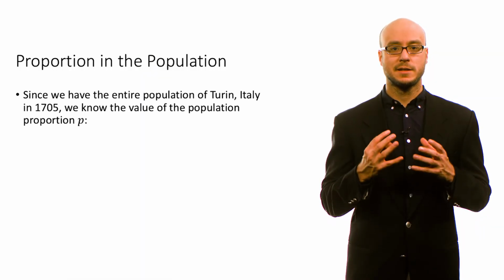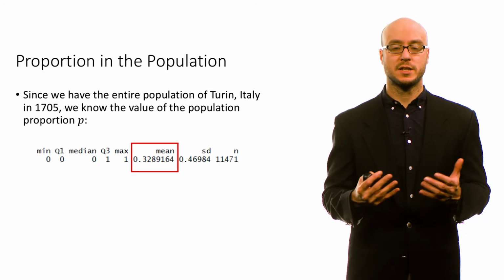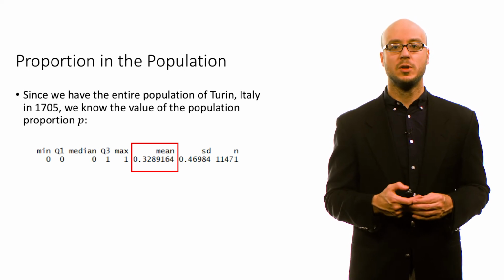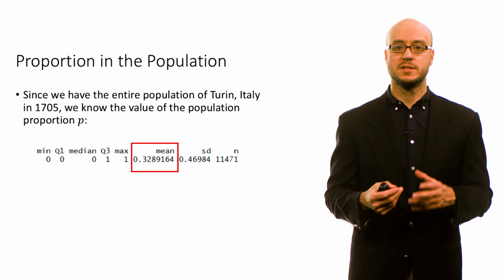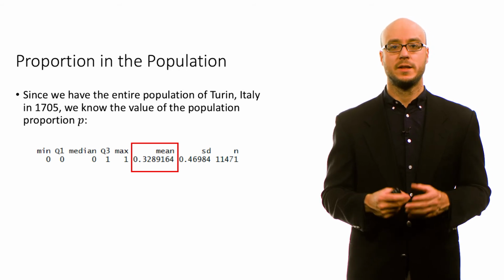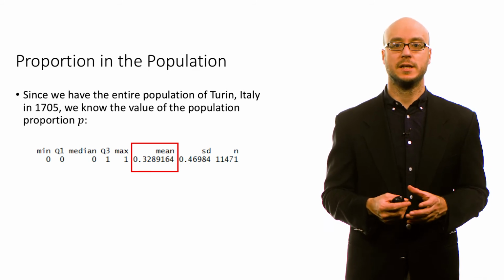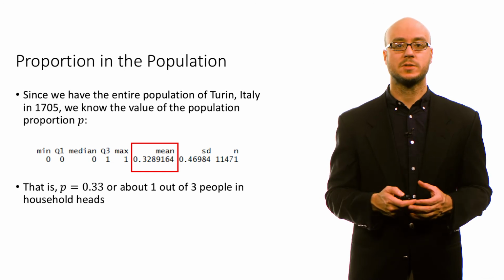So let's calculate the proportion in the population. Just conducting our basic summary of this data set for this particular variable, we find that the proportion in the population is about 1/3. It's about 0.33. That means about 33% of the people in Turin, Italy are heads of households, which might suggest pretty small households.